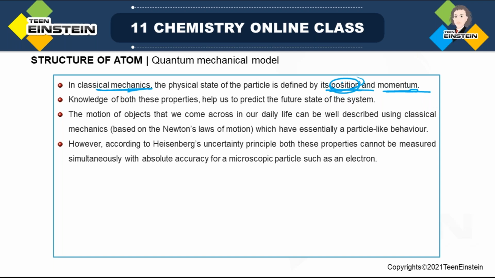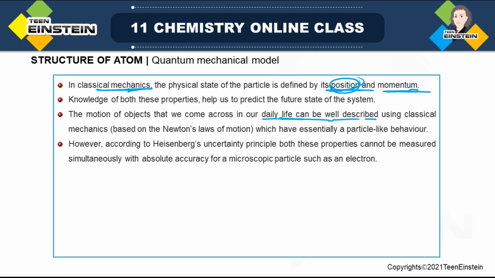Fine. Now, the motion of objects that you see in daily life, maybe a falling object or planets that are moving, all this that we come across in our daily life can be described very well simply by using classical mechanics, that is, Newton's laws of motion.